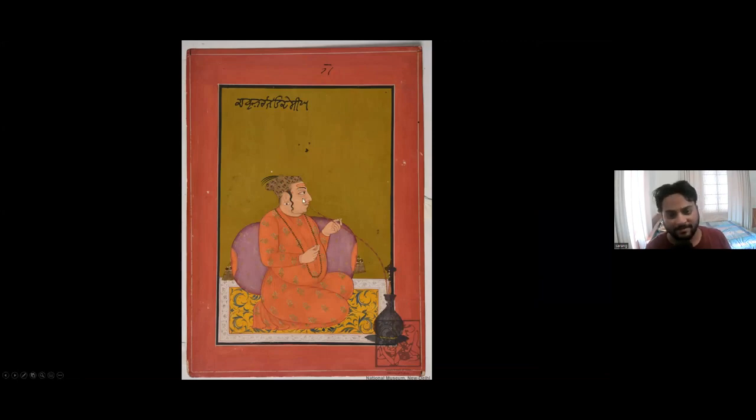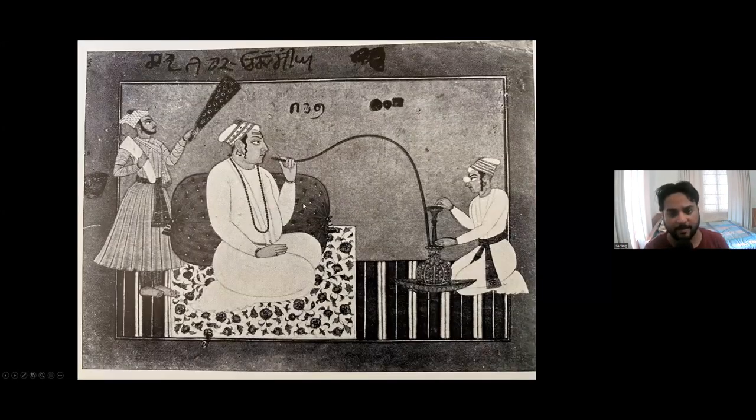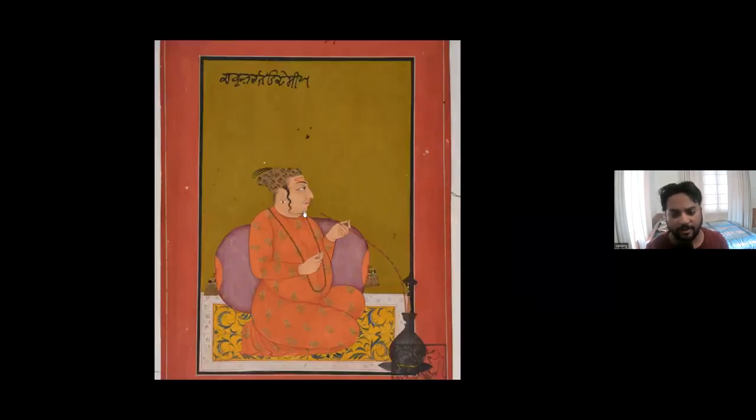Here is another portrait of the same king. You can see the similarity. This is in the National Museum, New Delhi. It reads, okay, so Cha, the same thing has been done here. Chambayal. There is a dot right here. I don't know why this has been added.